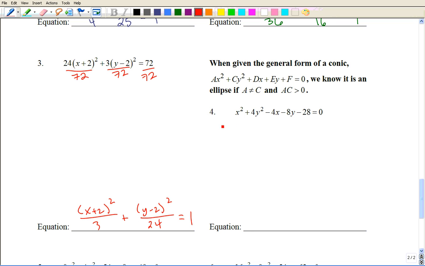So here the a value is 1, the c value is 4. So checking that a times c, 1 times 4, well, that's 4, and that's greater than 0. So that one checks out. This is an ellipse, and a and c are not equal, right? 1 does not equal 4.